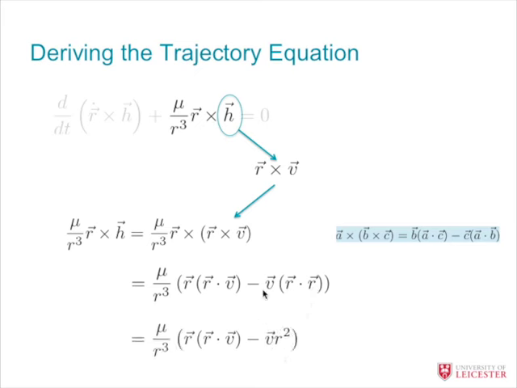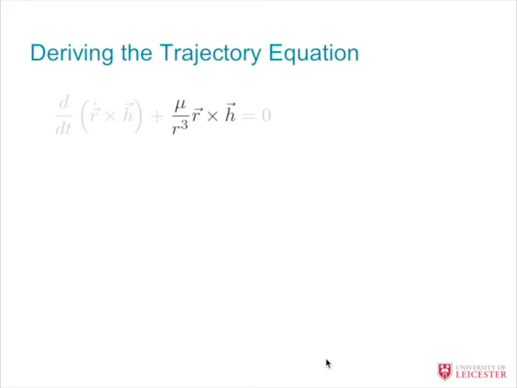In other words, vector v multiplied by the scalar product of r with itself is just equal to vector v multiplied by r squared. So that's the term that we're working on. This is where we've got to so far.